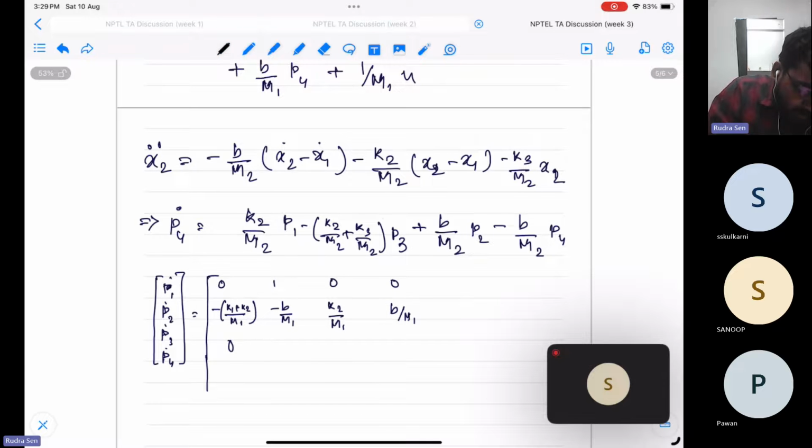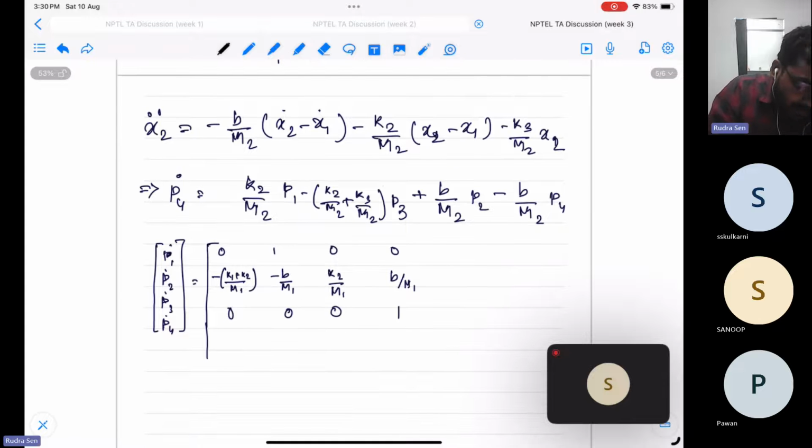So p3 dot equals 0, 0, 0, 1, and p4 dot is equal to k2 by m2.